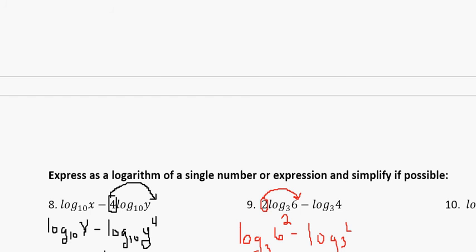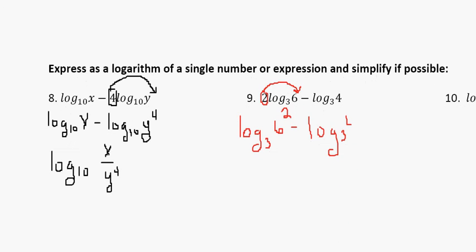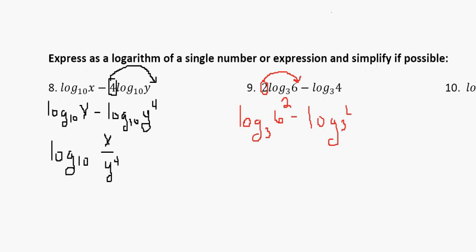Whoops, scroll down, sorry about that. So we have the log base 3 of 4. Now, since we have two logarithms that are subtracted, we're going to bring them under one logarithm. So log base 3, and then we're going to divide the arguments. So it's the first argument, 6 squared, divided by the second, which is 4.